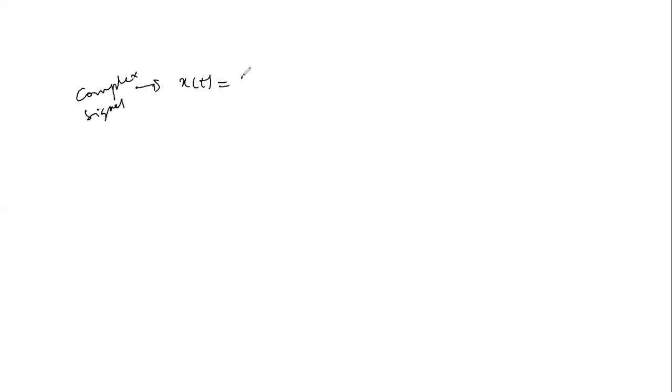So S of t is the same as cos t plus j sine t. And this is the same as e^jt, where this e^jt is the Euler form. Okay.